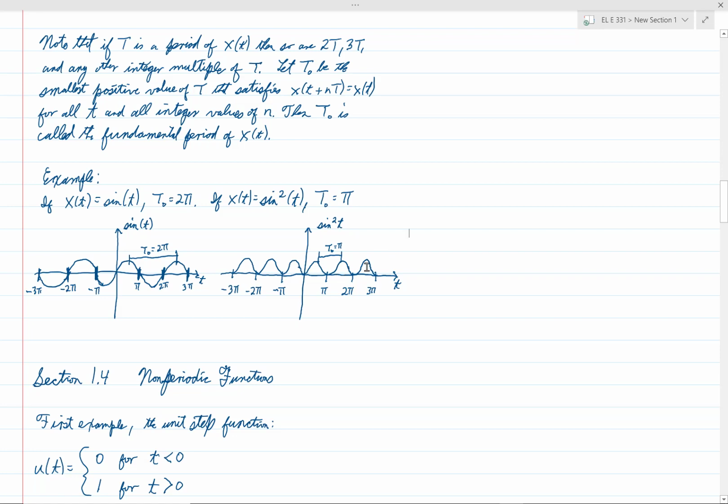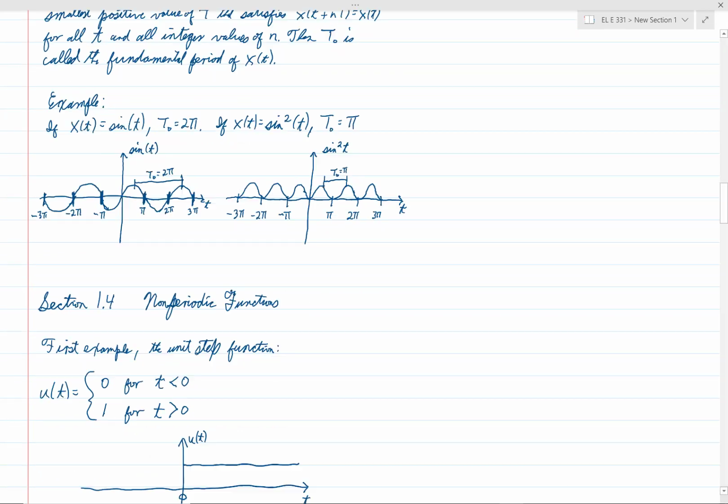And so you can see that because the negative portions of this graph have now flipped up above the axis, the fundamental period is just pi rather than 2 pi. So that's one way to find the fundamental period of a function.